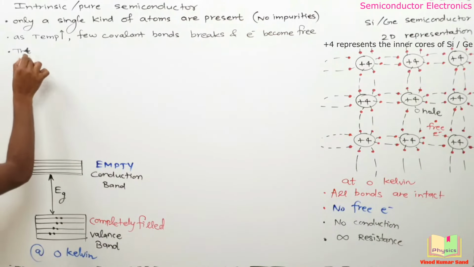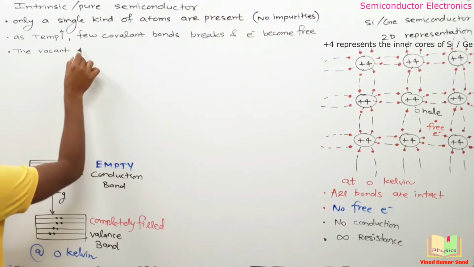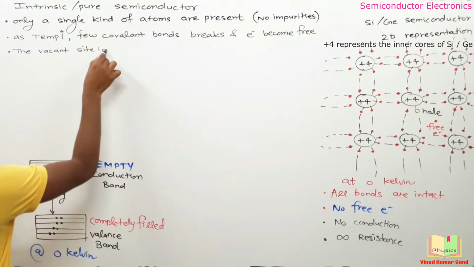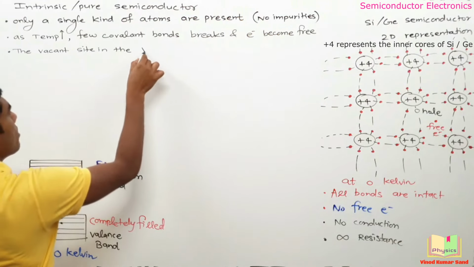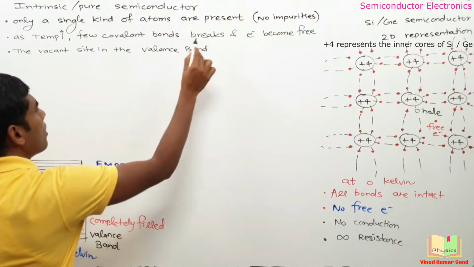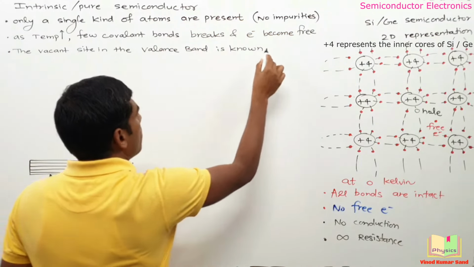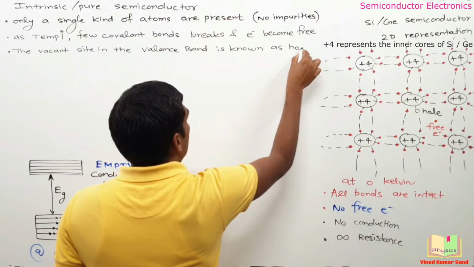The vacant site in the valence band is known as hole.